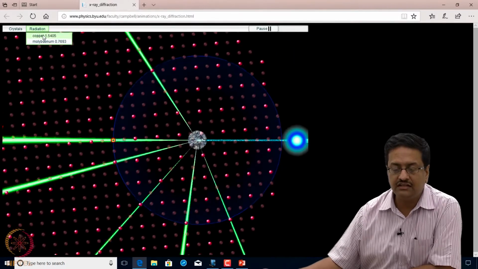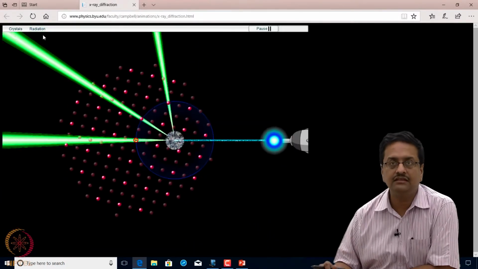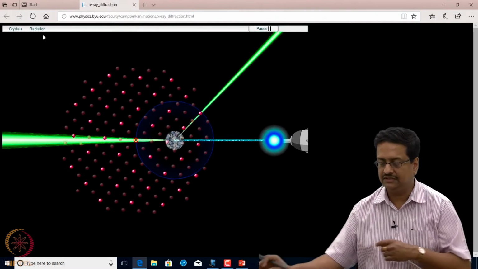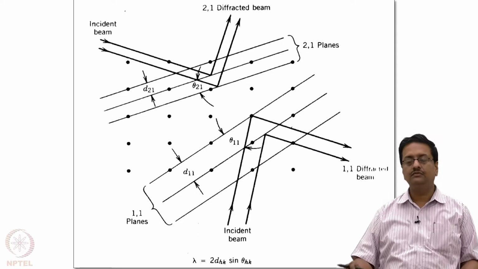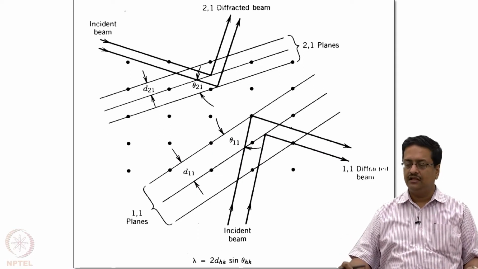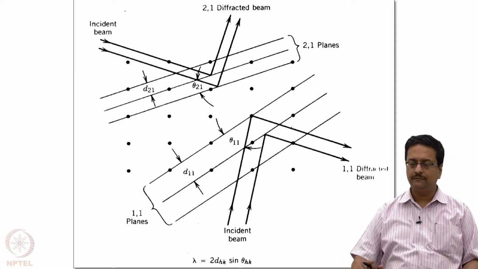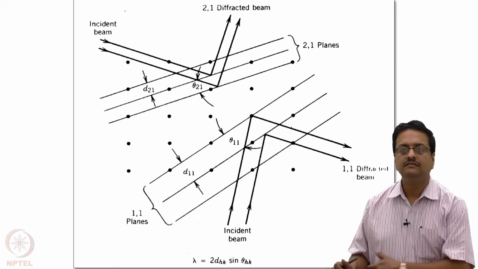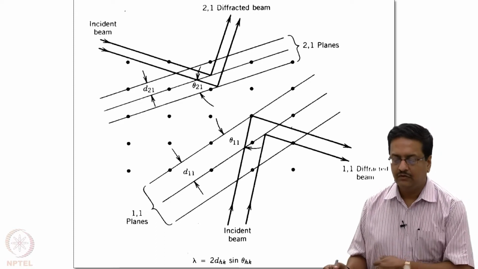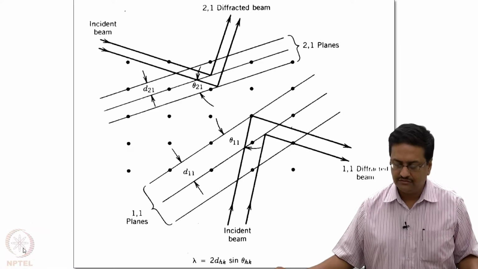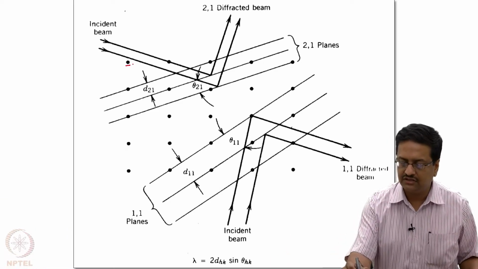Again, if we change the radiation to copper, you can see that the total number of accessible reflections has reduced drastically. Now, in order to understand the origin of this systematic absence, I once again would take help from a two-dimensional presentation. Suppose this is a two-dimensional primitive lattice where you have lattice points only at the corners as shown here.